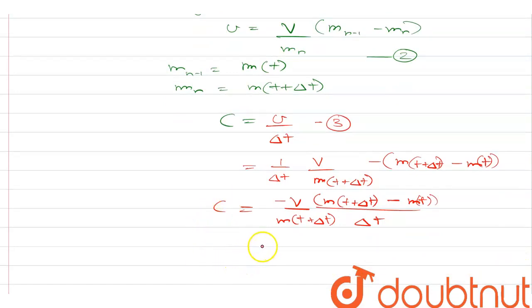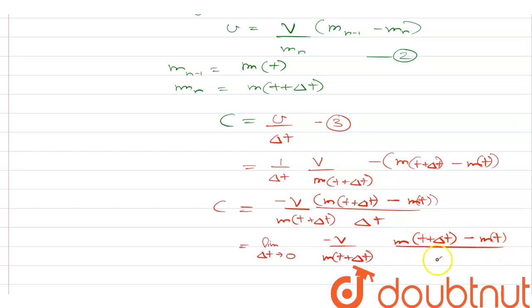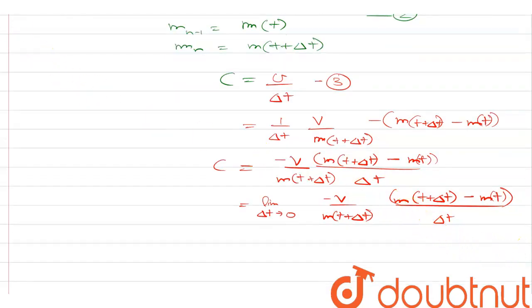is equal to C. Now we are considering delta t to be a very small amount of time. So what I can do here is apply a limit of delta t tends to 0. Now if you notice, this expression that we have just found, M at t plus delta t minus M at t upon delta t, is basically the definition of the derivative.